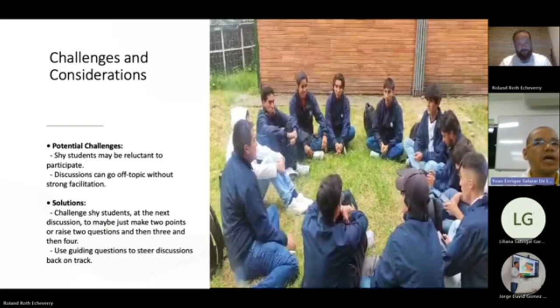And as for the second challenge, the teacher can use guiding questions to steer the discussions back on track if the students start to drift. So basically, our point is that these challenges, if you manage them well, shall not represent any problem, and the Harkness method could be used as a valuable tool for language learning.